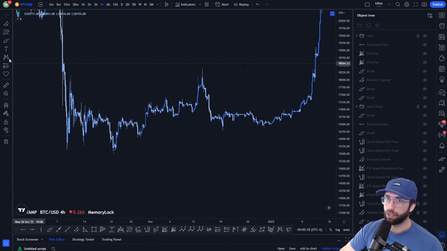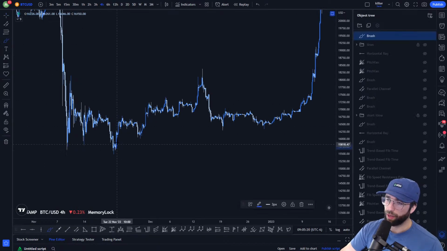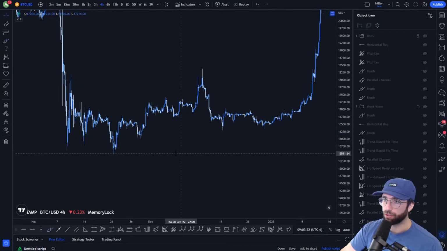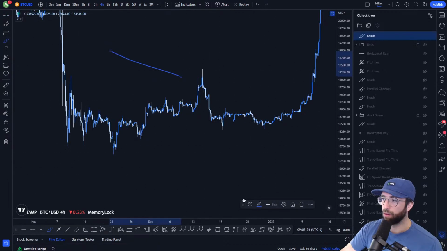Even if we zoom in here, I want you to see this. We have a pump. I'm going to change the color here. So we have a pump and price then moves sideways, right?